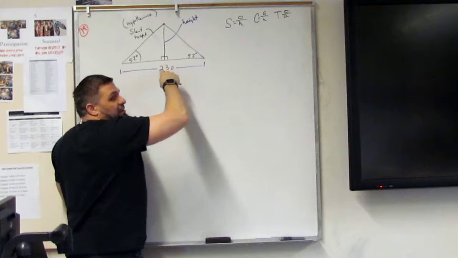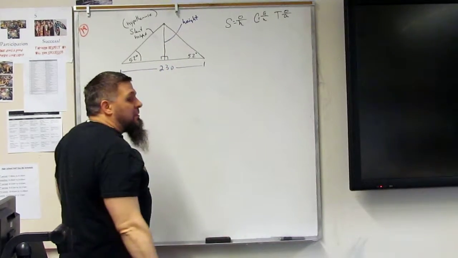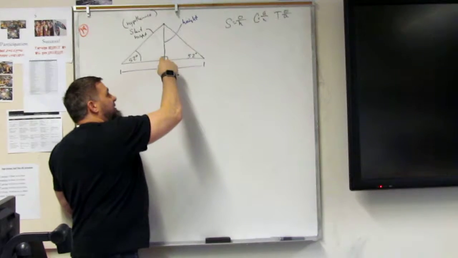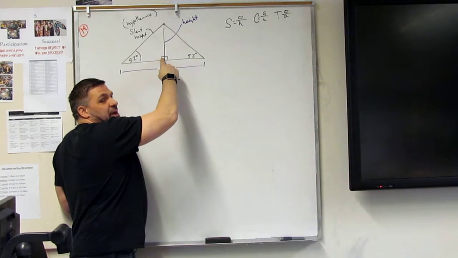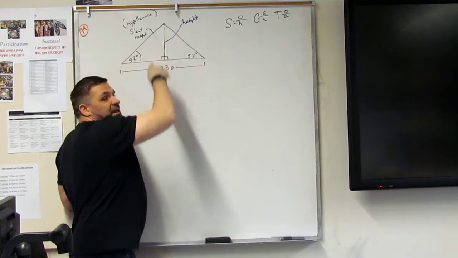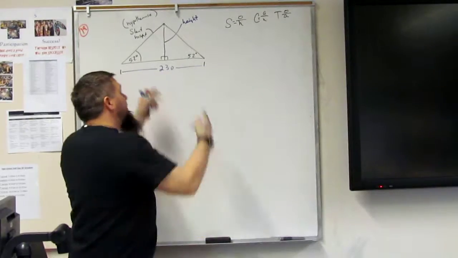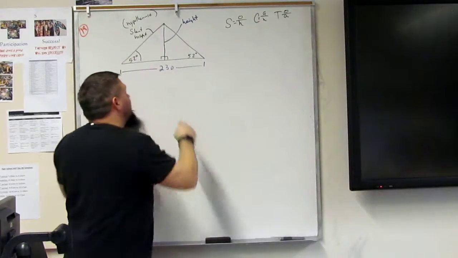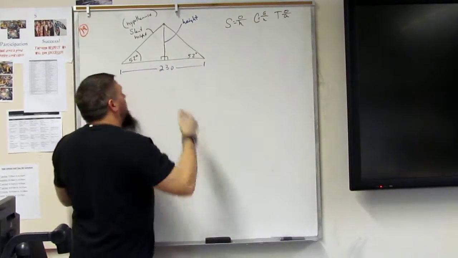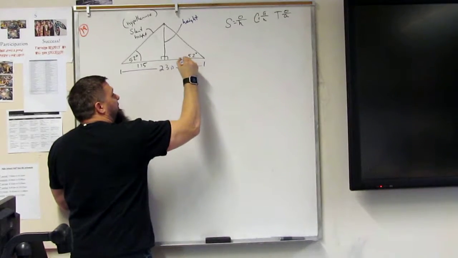These share a side, so we have angle, angle, side. Angle, angle, side in geometry tells us that these are congruent, which means this has to be congruent to this, which makes this 115 and this 115.